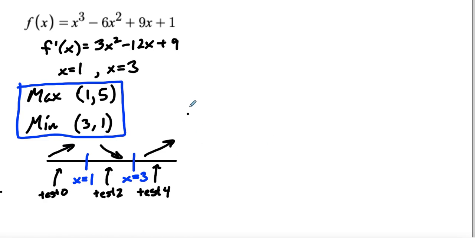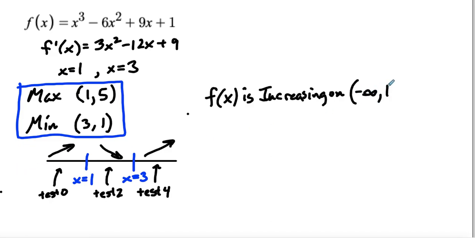So I'm going to go back over to my work here, and I'm going to say, well, f of x is increasing on, and we're going to write the intervals of x, right? Because what we're really saying is y, or the graph, is going up from negative infinity to 1, and then again from 3 to infinity.